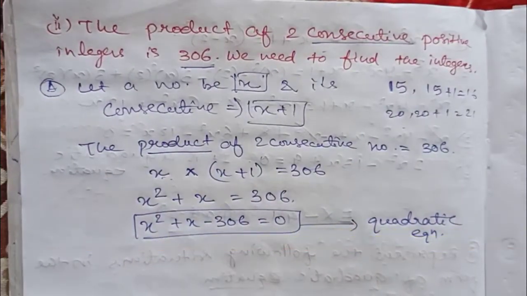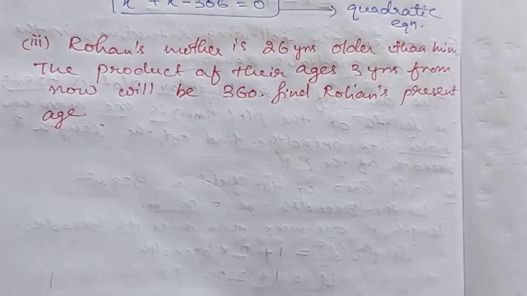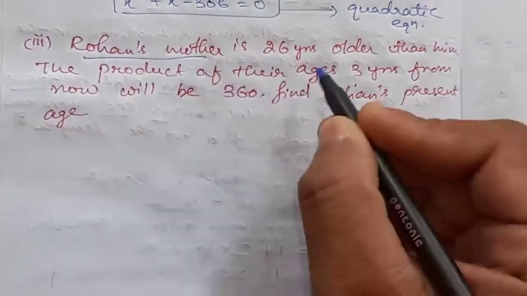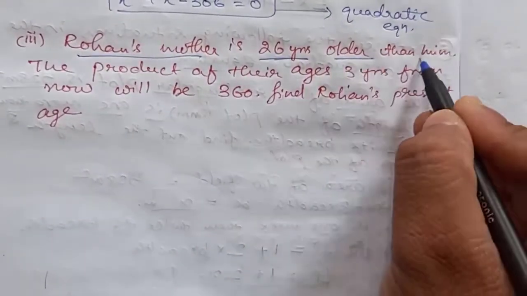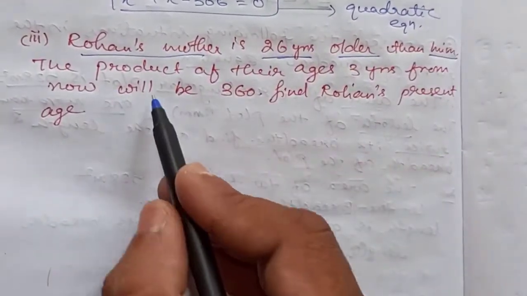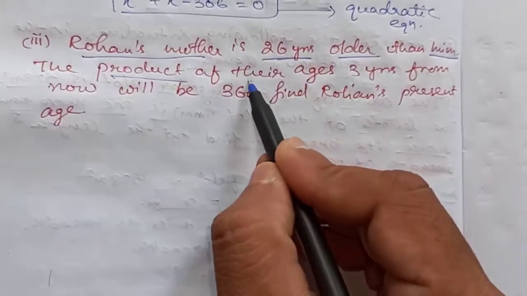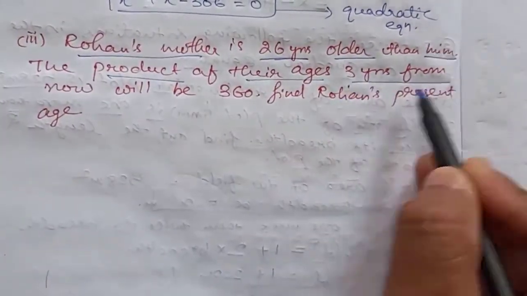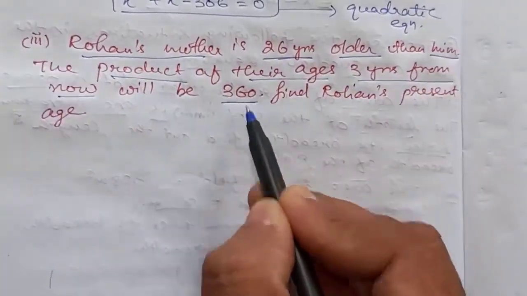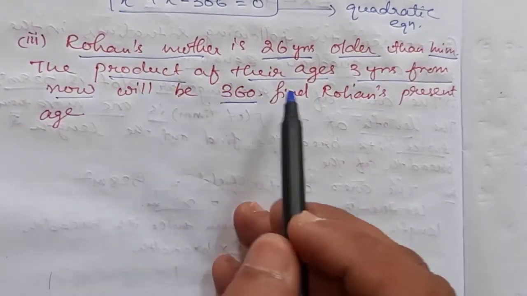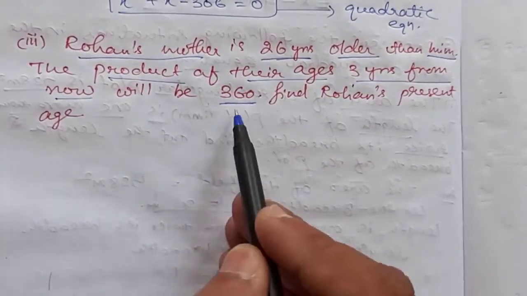Okay, next bit. In the third bit, the question is given: Rohan's mother is 26 years older than him. The product of their ages 3 years from now will be 360.